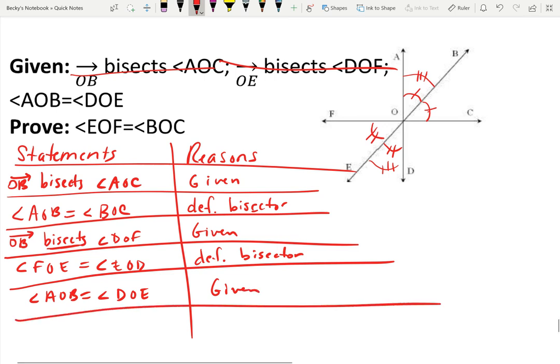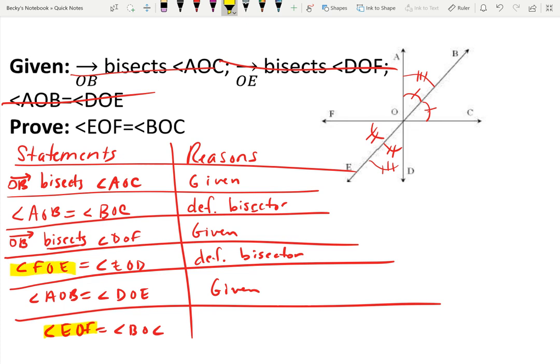Now, we need to see how can we get to our final answer. Okay, so let's see if we can make this jump. Do I see EOF anywhere? Look around, EOF. Now, the problem is we can name angles two different ways. We could say EOF or FOE.